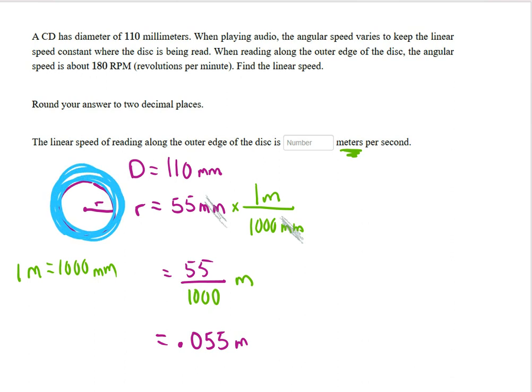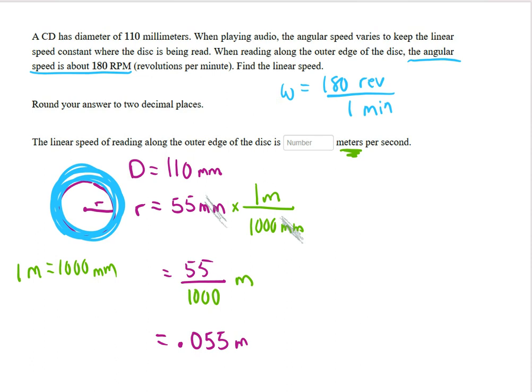They're telling me that the angular speed, that's the omega, is 180 revolutions per 1 minute.